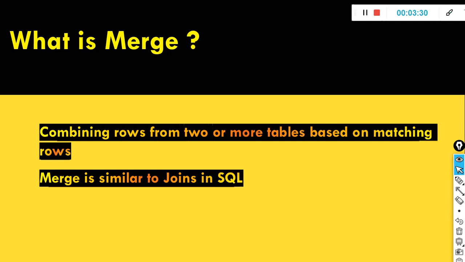In the case of merging, merge is similar to joins in SQL. They ask this question: what is the difference between merge and join? Merge is a synonym to joins in SQL queries. In the RDBMS database, we use the term joins to combine the data from more than one table.